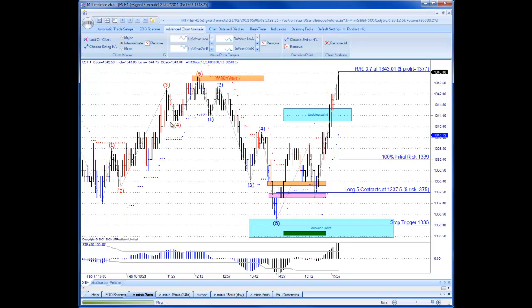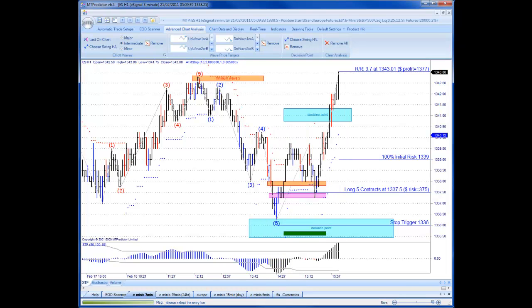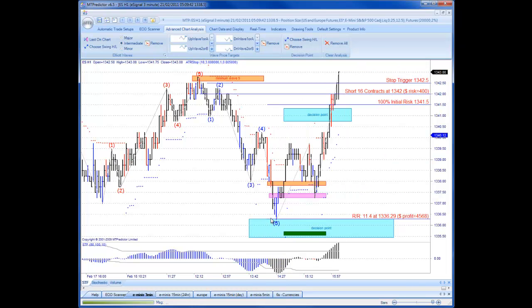This wave 5 swing subdivided into 5 minor swings, with the high unfolding right at the minimum wave 5 WPT. The market then declined into our DP support zone for a lovely 5.7R.